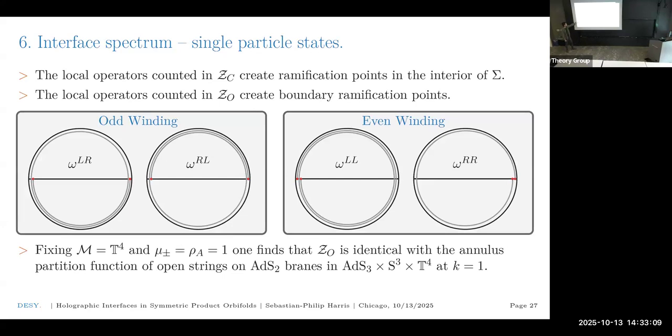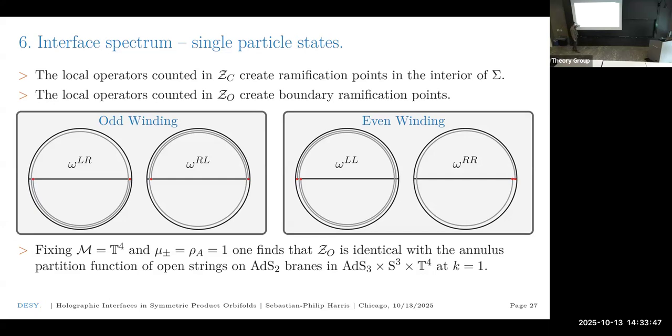In particular, all of this was for general seed theory M, but if you specify M to be T4 and you remove these chemical potentials that we've introduced just as counting parameters, then you find that this function ZO is precisely identical to the annulus partition function for open strings on AdS2 branes in AdS3 times S3 times T4 at k equal to 1 that you can compute with the boundary states of Gaberdiel, Knight, Bosmera.